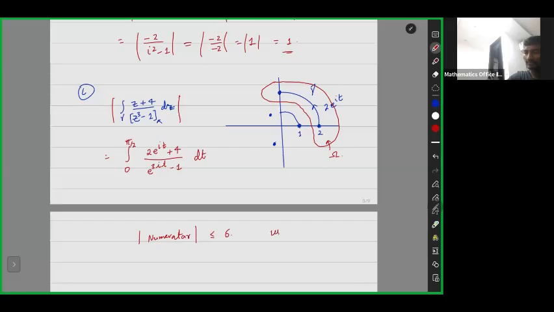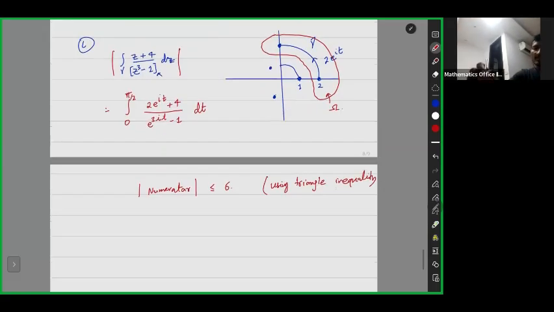Do you understand this? So the modulus of the integral of z plus 4 by z cube minus 1 dz is less than or equal to 6, coming from the numerator, times the integral of the modulus of 1 by z cube minus 1.